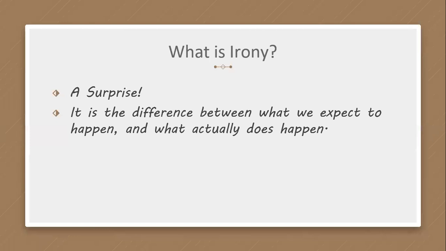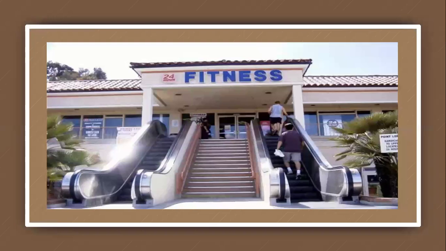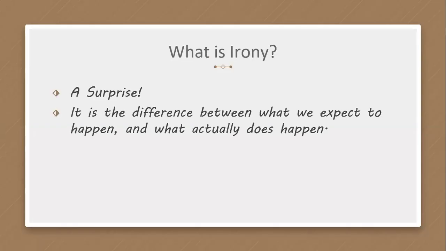For example, in this picture, because those people are going to a fitness center, we expect that they are going to take the stairs. But what happened in reality is that they're not. They're choosing the escalator to go to the fitness center. Again, it's the difference between what we expect to happen and what actually does happen.